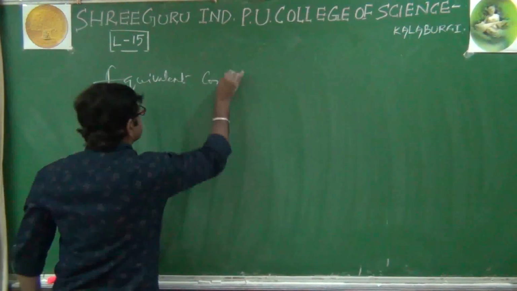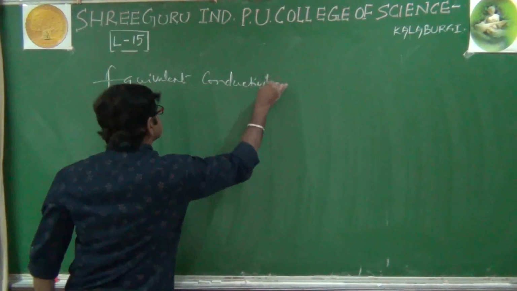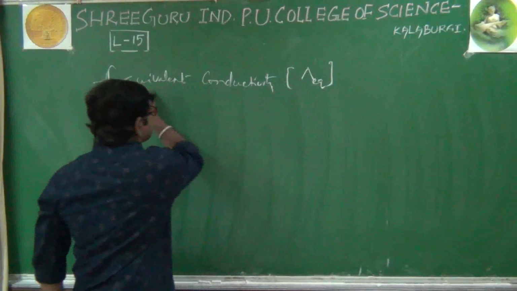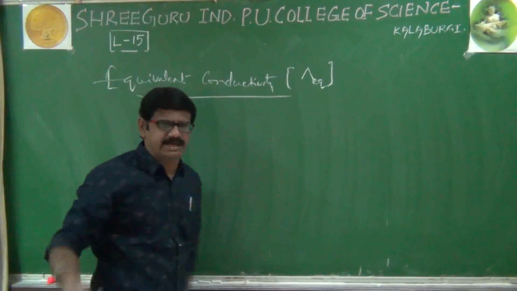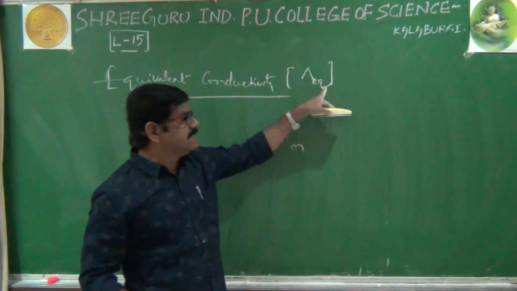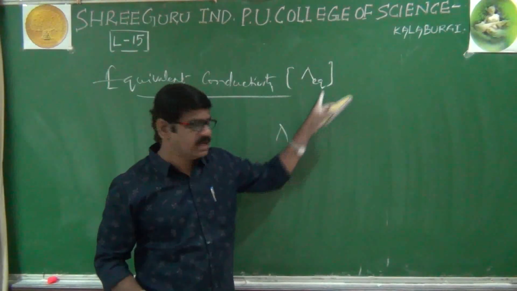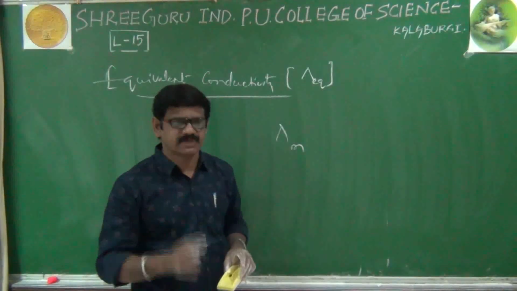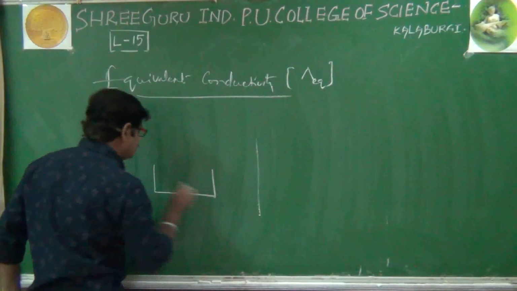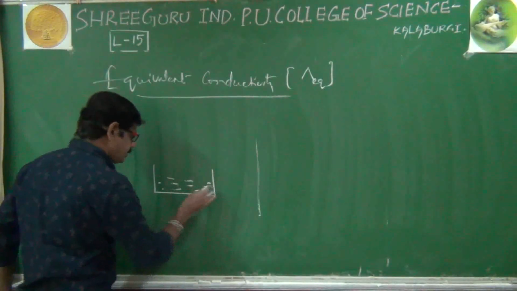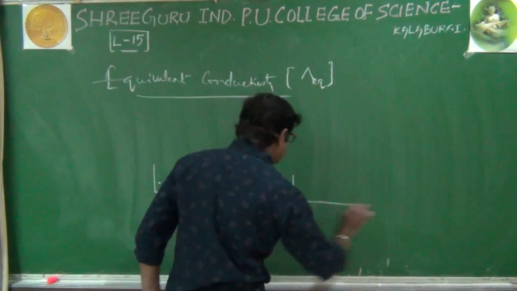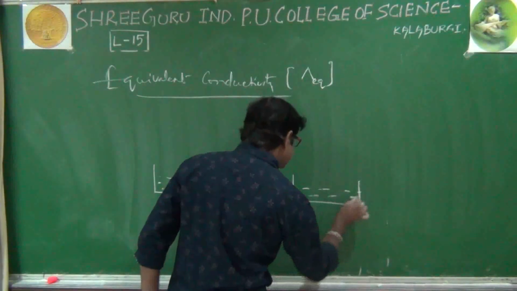Lambda again, here EQ, if you write, equivalent conductivity. Lambda m for molar conductivity, lambda EQ for equivalent conductivity. Now we'll see the difference. Very simple. Once again we'll go back to molar conductivity. A V meter cube volume has been taken. Here also V meter cube volume only I am taking.